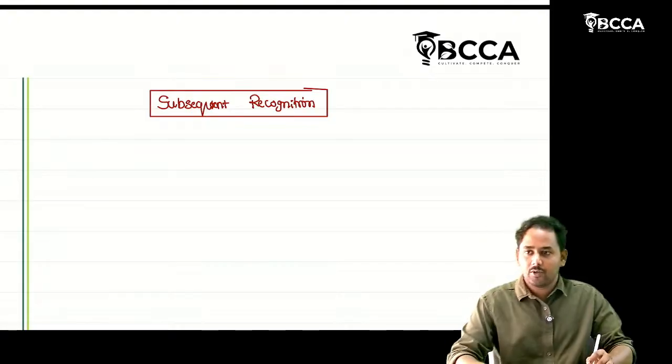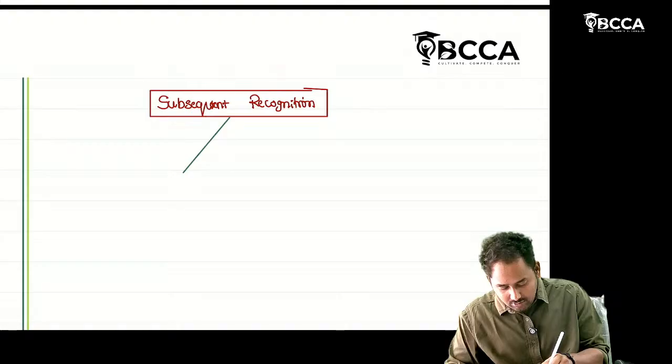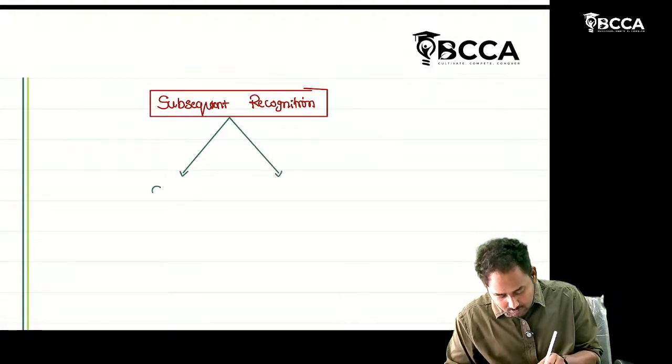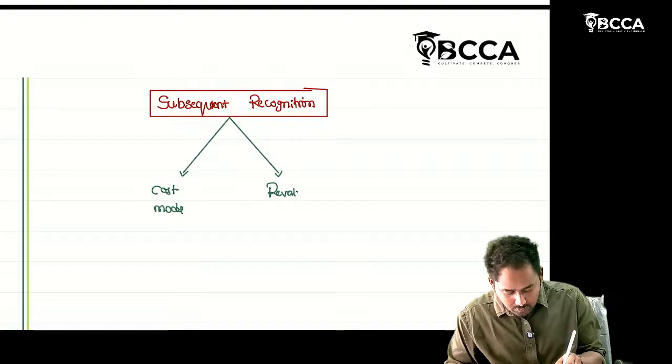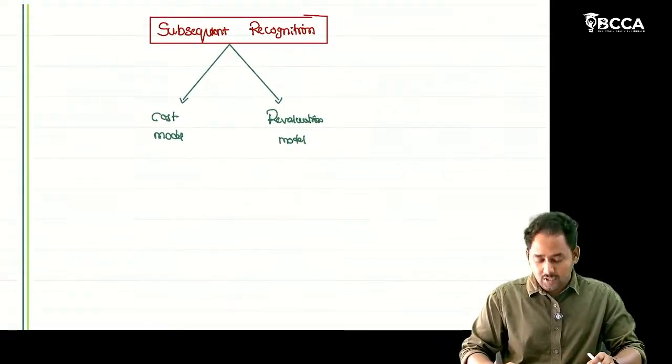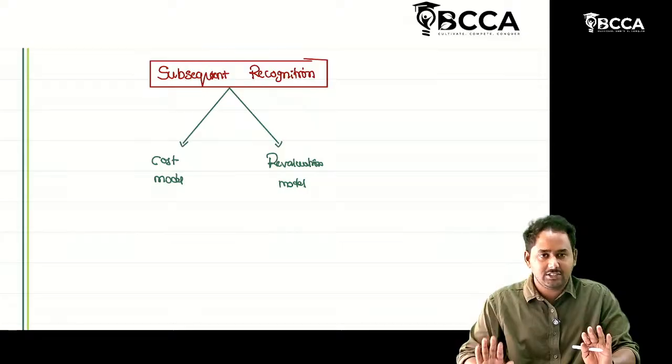Either if you want, you can follow cost model or you can follow revaluation model. If it is a cost model, we no need to find out the fair value of the asset.